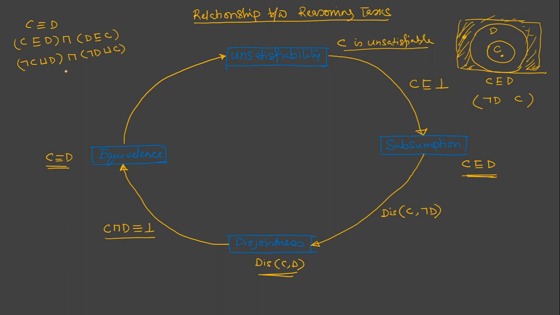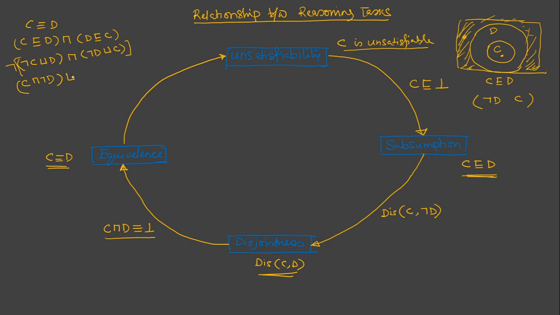Now we are saying that this is unsatisfiable, and in order to put that, we just put a negation before this. If we try to flatten this out, we push this negation inward. So not C will become C, this union will become intersection, and not D will become D, and this negation is over the whole expression.